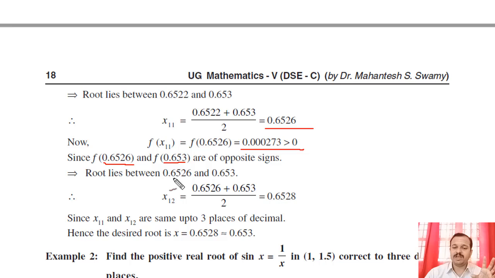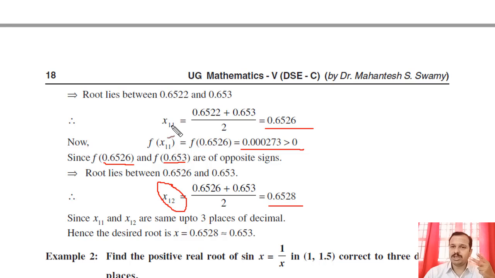When the root is in between these two, again subdivide the interval. When you subdivide the interval, you will get the new value x12. The 12th approximated value will be 0.652.